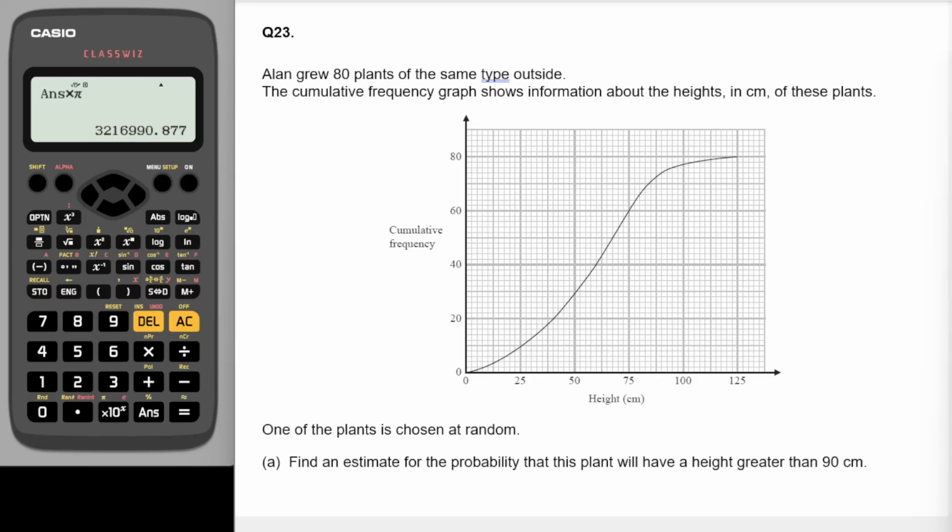Right, so I'm going to go at 90 centimetres, which would be these going up in threes. So that's not particularly easy.